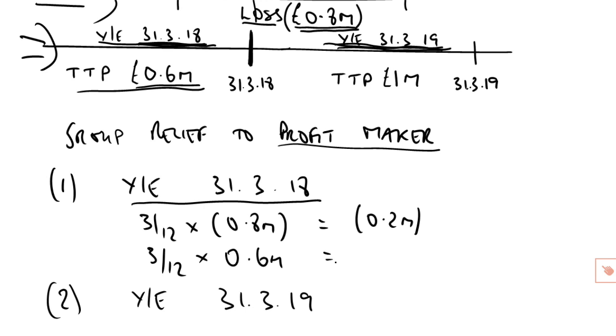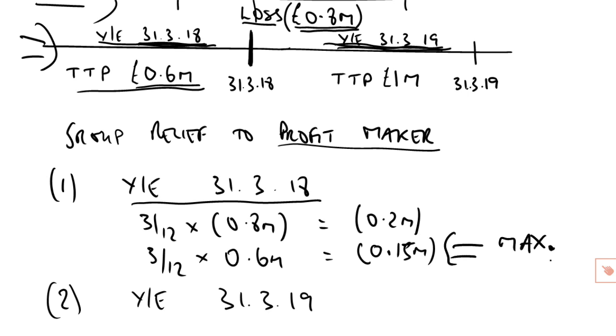So 3/12 of 0.6 is 0.15 million, 150,000. So although there is £200,000 of loss available that corresponds with the year ended March 18, only £150,000 of profit is within that period. Therefore, that is your maximum group relief.